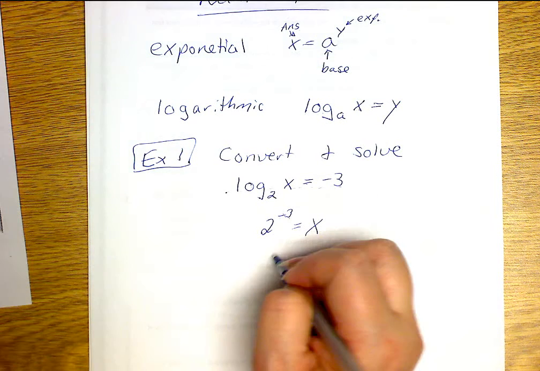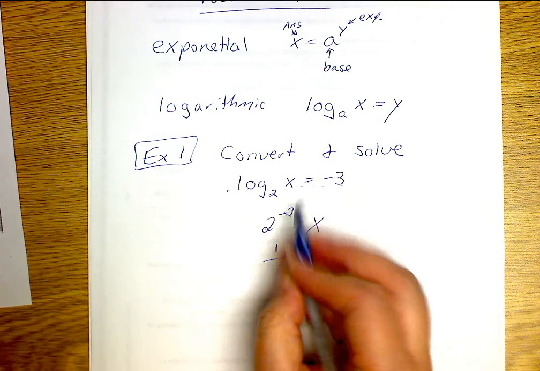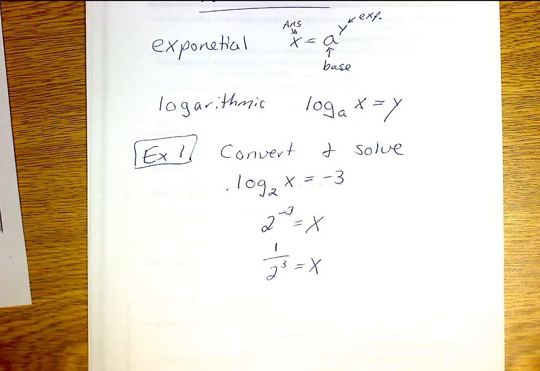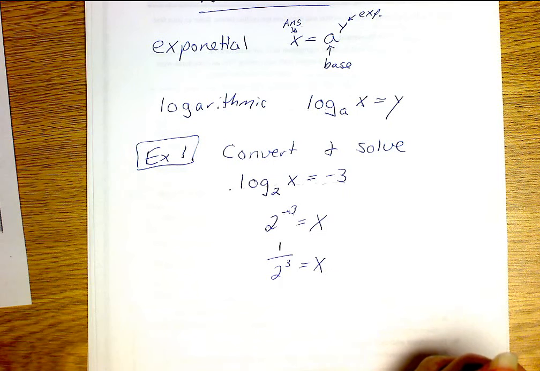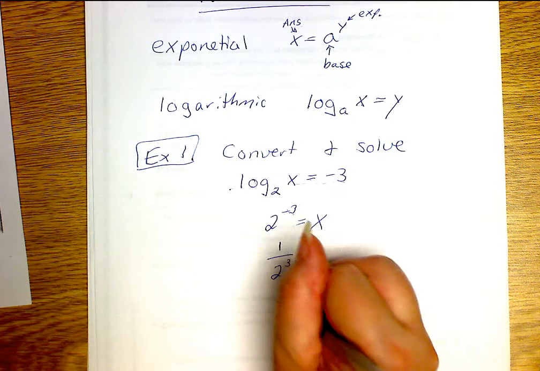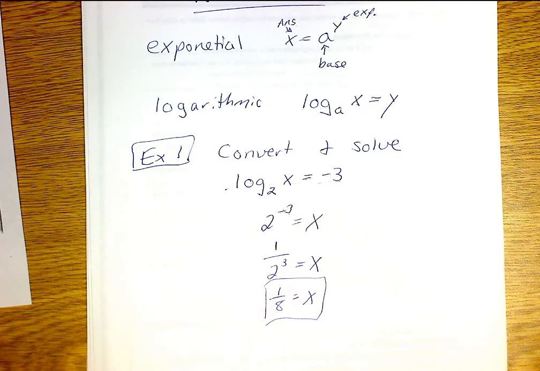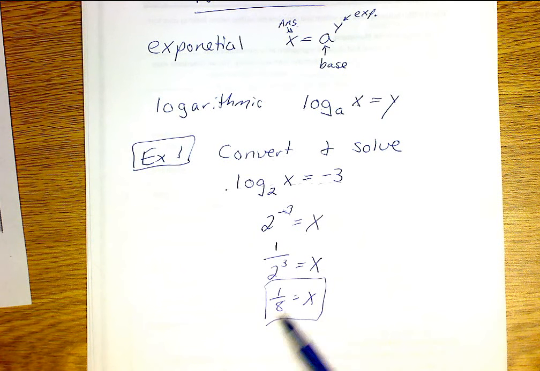So this really is saying 1 over 2 to the 3rd. What is 2 to the 3rd? 8. So that means x is equal to 1/8. So log base 2 of 1/8 is -3.